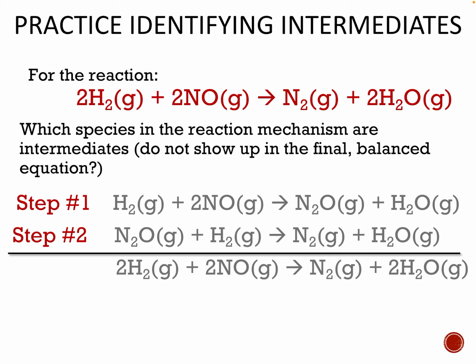So if we look at step 1 and then we look at step 2, and then again, this is going to be our overall reaction here. I want you to look at what gets produced in step 1, but gets used up in step 2. Therefore, it doesn't show up in our overall reaction. So go ahead and pause so that you can think about that, unless you've already got it, but pause and then come back when you're ready to see the answer.